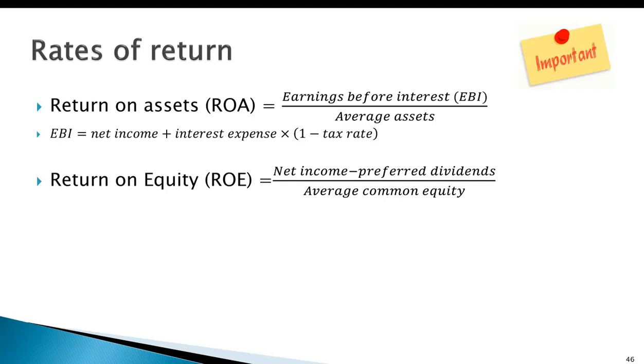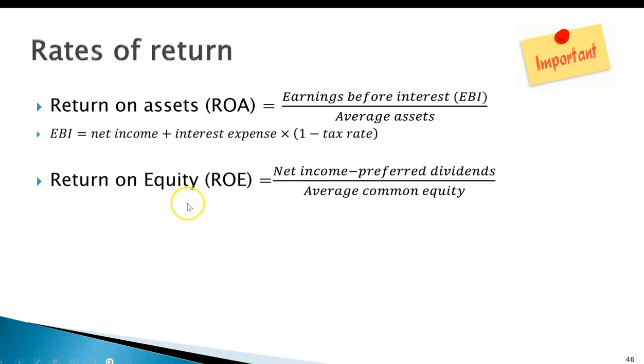Okay. Going along with that, we have rates of return that we can calculate. And this is saying, okay, for the investment you've made in your assets or for the investment that your equity holders have made in your company, how good a job are you doing at returning income to them? Return on assets is earnings before interest, the money you make before you pay the interest to your debt holders, divided by the average total assets.